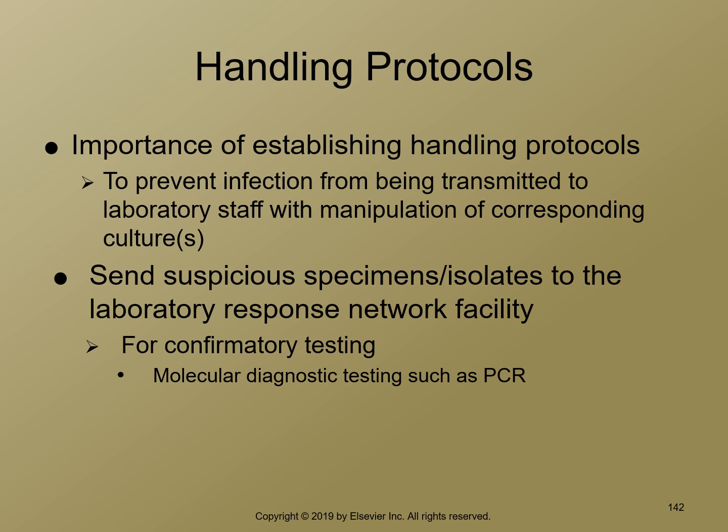But the important things to remember are that established protocols are in place to prevent infection from being transmitted to laboratory staff. And any suspicious specimens or isolates should be sent directly to the Laboratory Response Network for confirmatory testing, such as molecular PCR. The hospital clinical laboratory's main role is to rule out these potential bioterrorism agents.